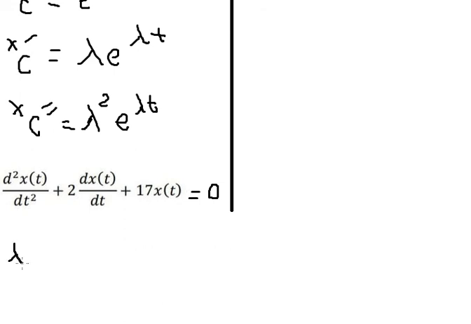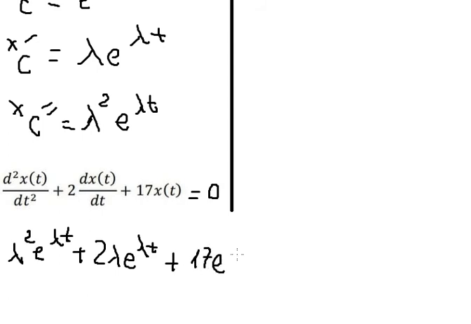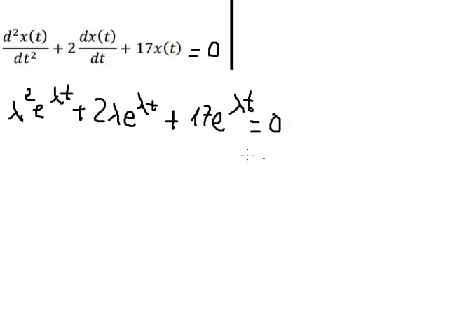So we have lambda squared e to the power of lambda t plus 2 lambda e to the power of lambda t plus 17 e to the power of lambda t equals 0.